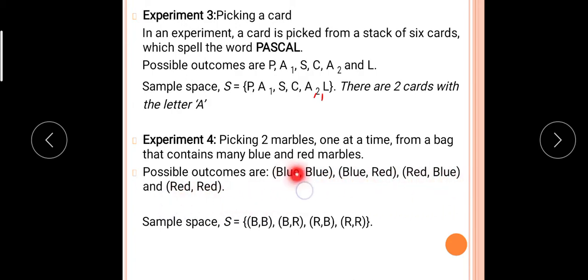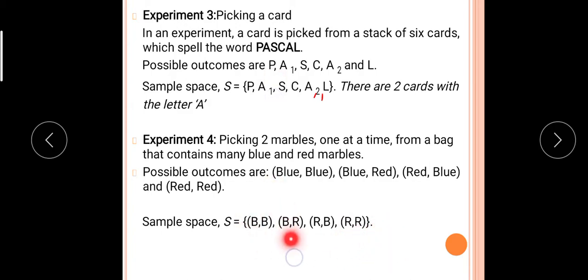We can denote them by B1B2, B1R1, R2B1 and R1R2, or in this way, it depends on you. For blue I use the letter B, and for red I use the letter R. Therefore the sample space is {BB, BR, RB, RR}. Every element is separated by a comma and enclosed in curly braces.